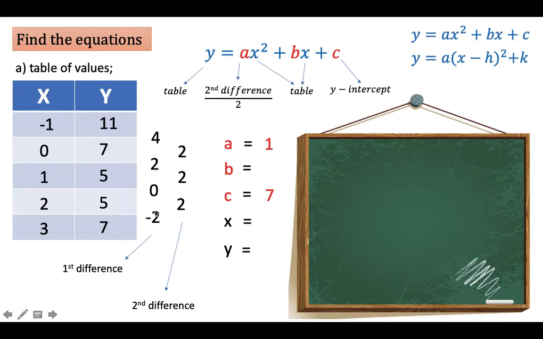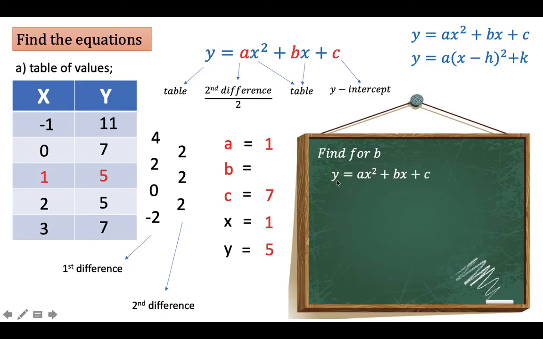Then for x and y, we have available values here, so we will just choose any of them. I prefer to use 1, 5, so my x is 1 and my y is 5. Since b is the only unknown variable, we can solve this algebraically using this function. So let's find b.